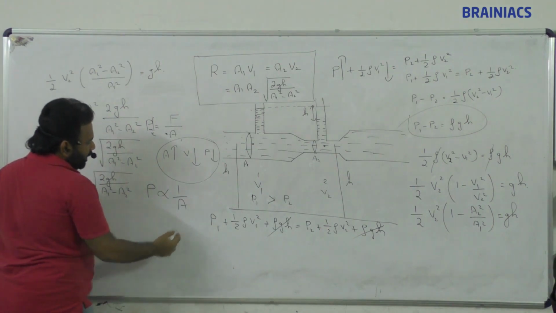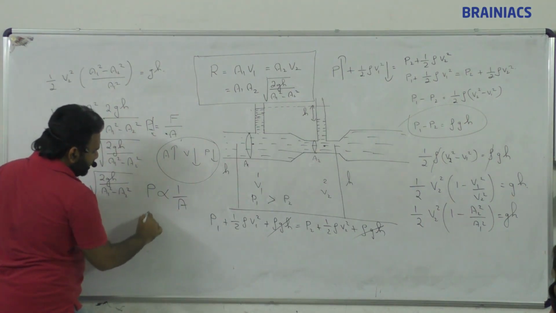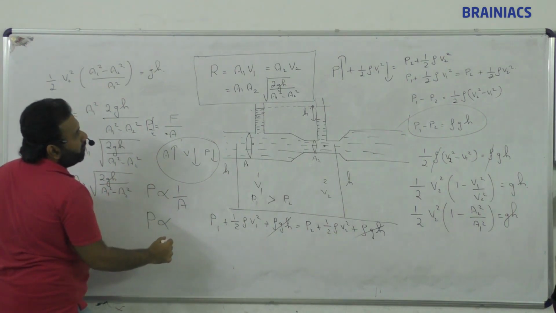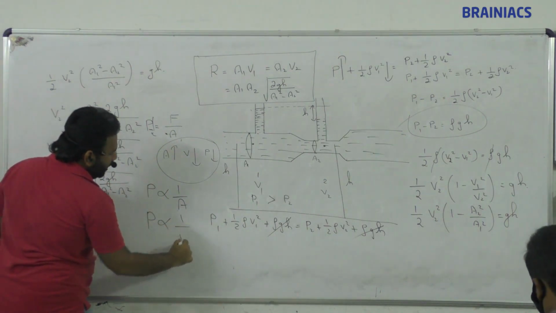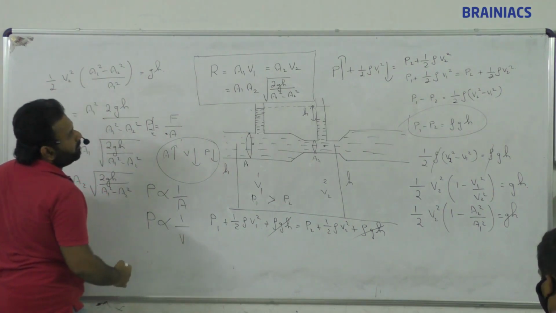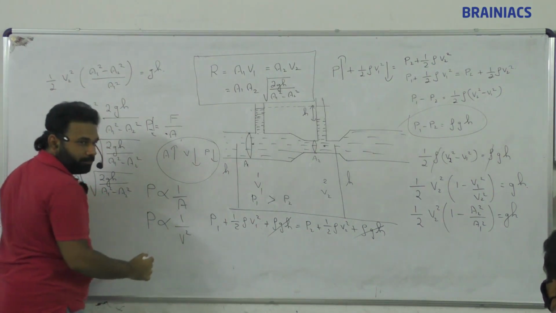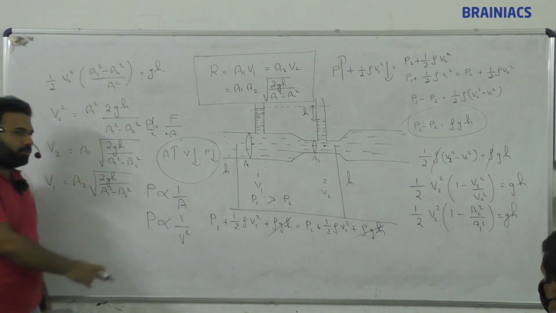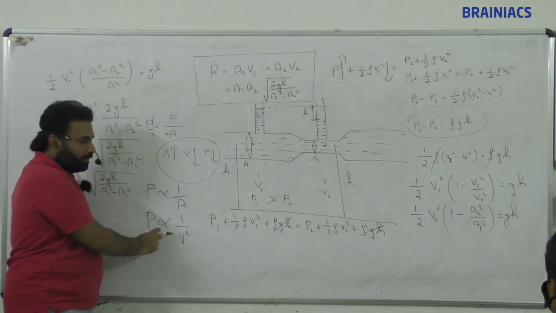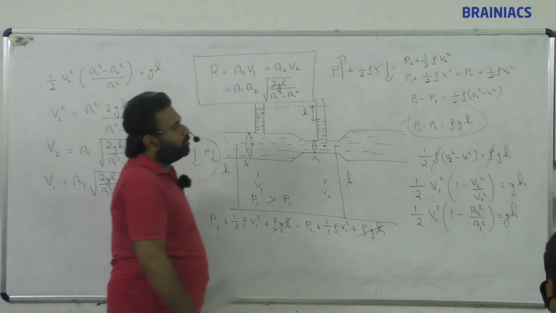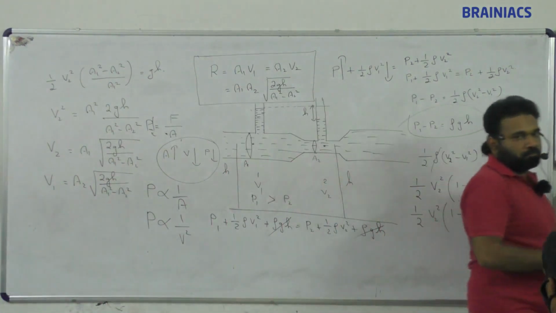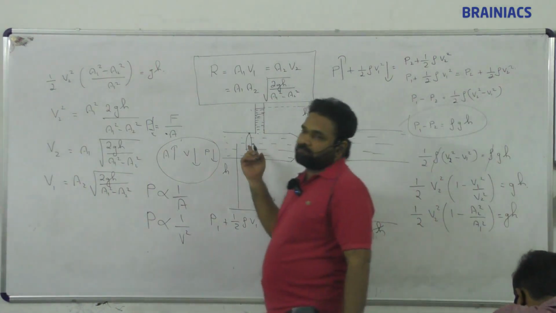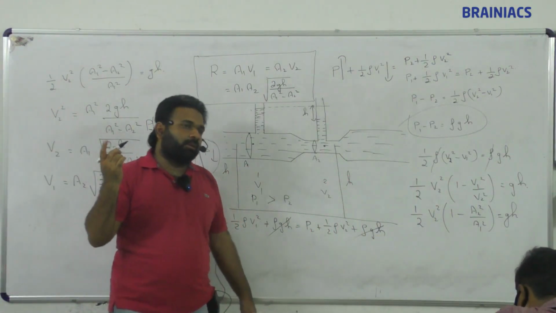Here if we consider in this way, pressure is inversely proportional to velocity square, correct? And pressure is inversely proportional to area also. So the trade-off will happen. So in this context we can say Bernoulli's theorem.